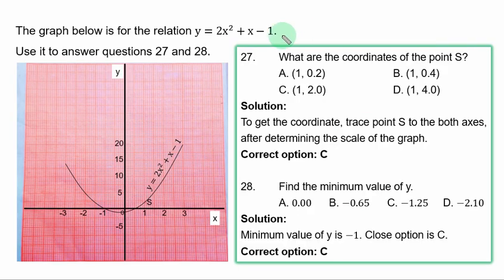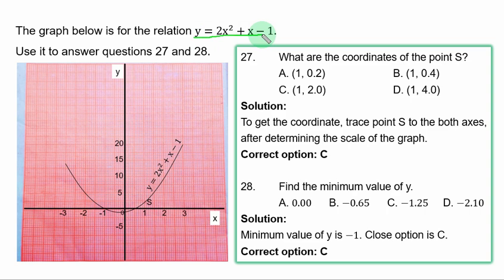The graph below is for the relation y equal to 2S squared plus S minus 1. Use it to answer questions 27 and 28. 27. What are the coordinates of the point S? You simply trace S to both axes, after determining the scale of the graph.